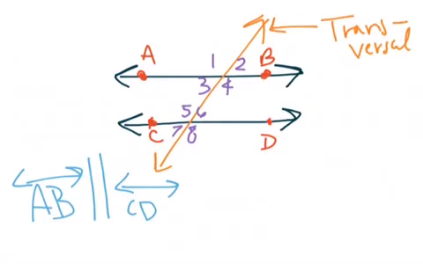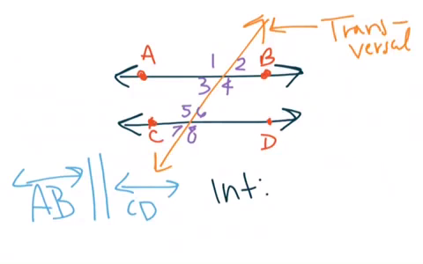Let's go first with interior angles. Interior angles are inside the two parallel lines. If you look at these two parallel lines, what angles are inside line AB and line CD?